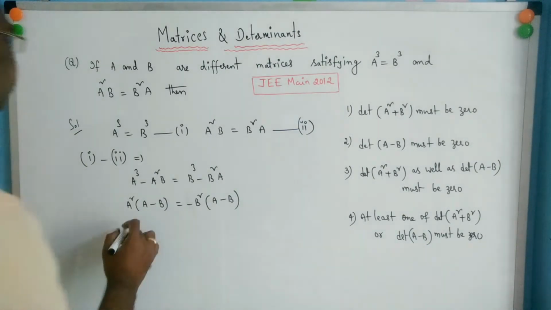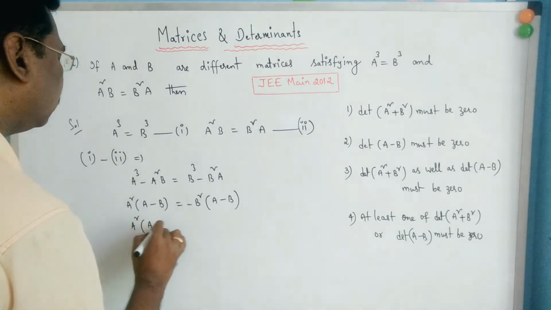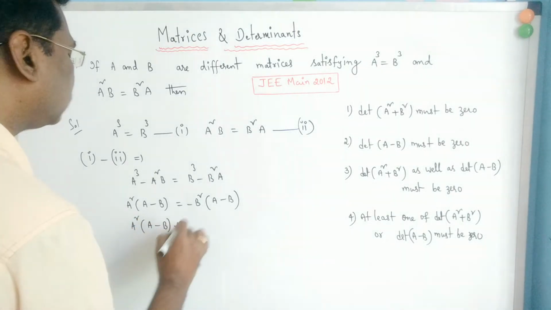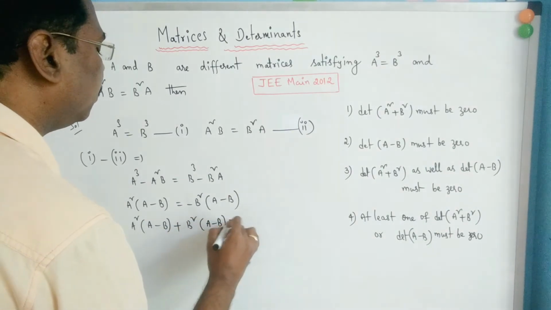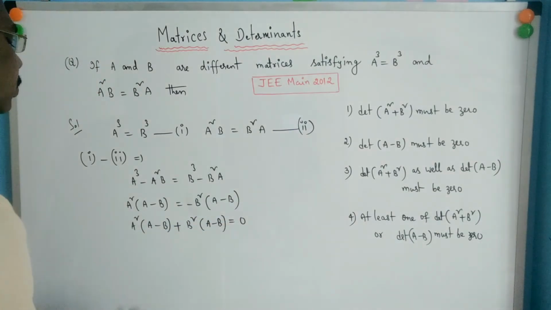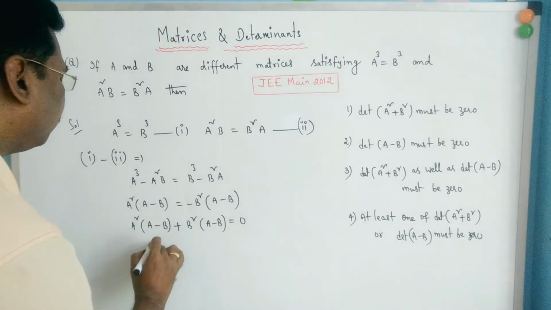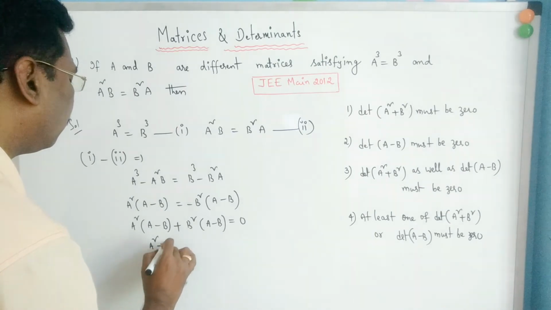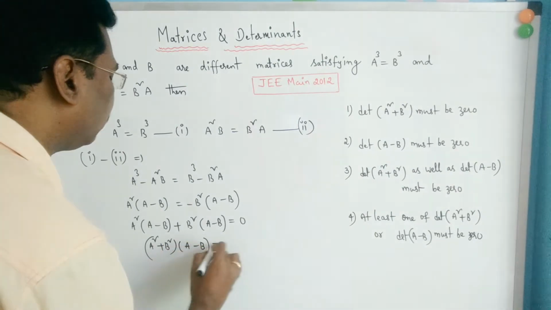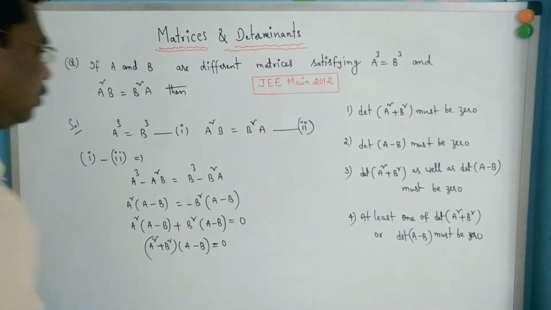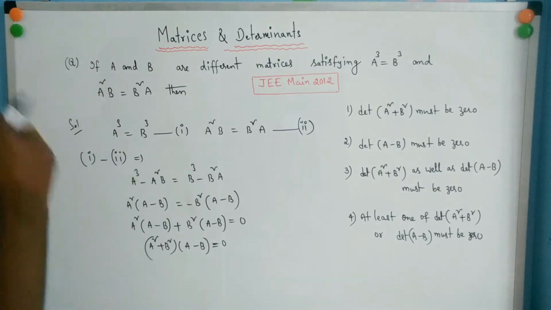Now A square into A minus B plus B square into A minus B equal to 0. Now A square plus B square into A minus B is equal to 0.